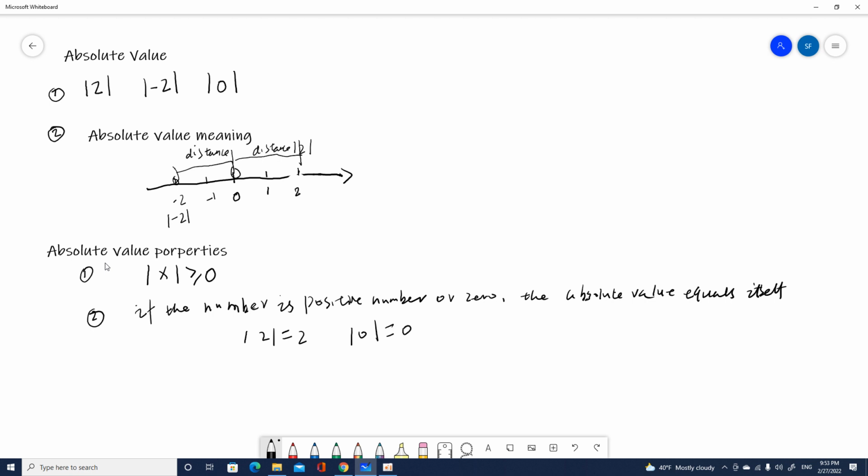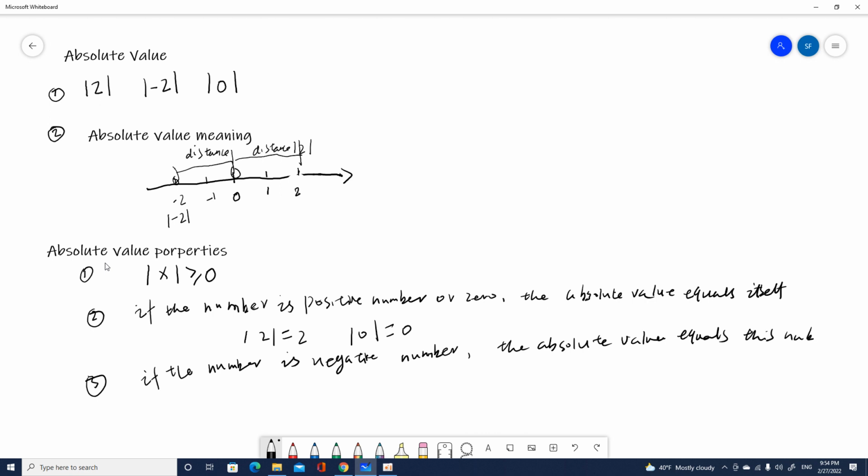The second scenario is if the number is a negative number, the absolute value equals this number's opposite number.